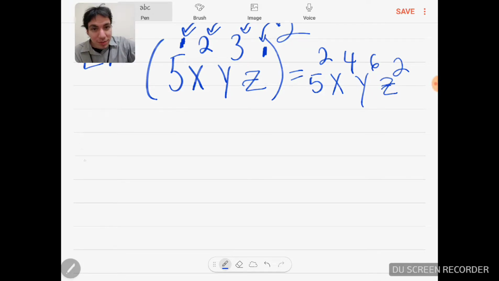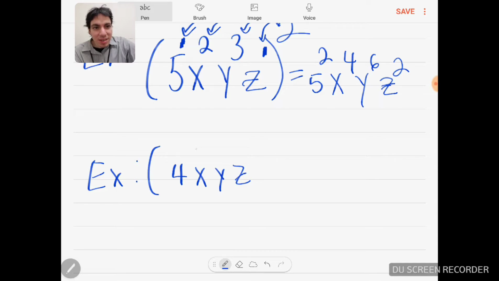Let's do this one. Let's say I had something easier than that one. Or not even, let's just have something similar to that. Let's just say 4x, y, z to the 3rd, to the 6th, and to the 7th.